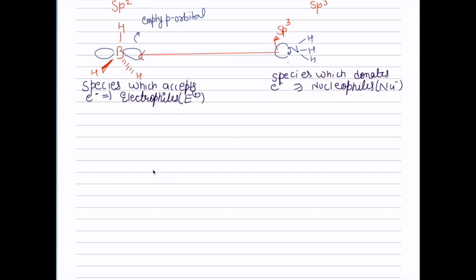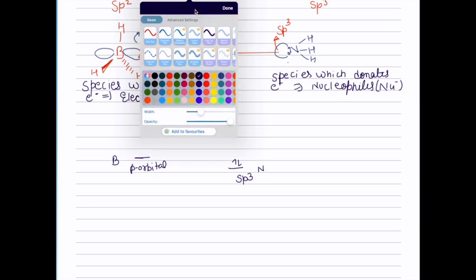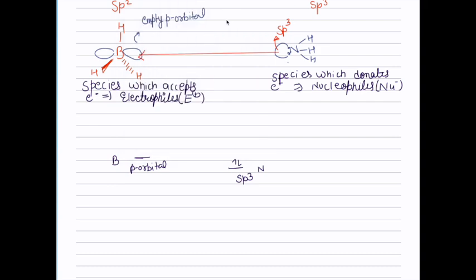So let's suppose we have boron. Here boron has an empty p orbital, but a lower energy orbital, nitrogen sp3, has a lone pair. When they form a bond, there can be two possibilities: constructive interference and destructive interference.